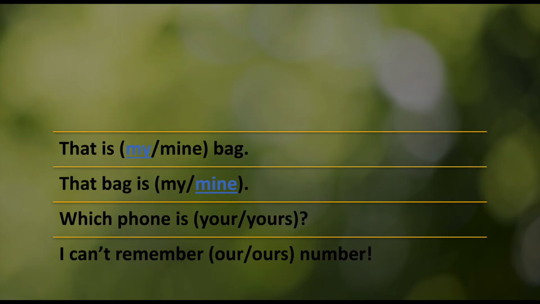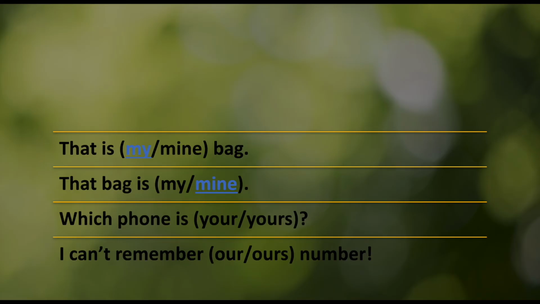Just like our next example. Let's take a look. That bag is my or mine. Here we have to remember that the pronoun comes after the noun. Here, bag is the noun. I can see my, which comes before the noun.